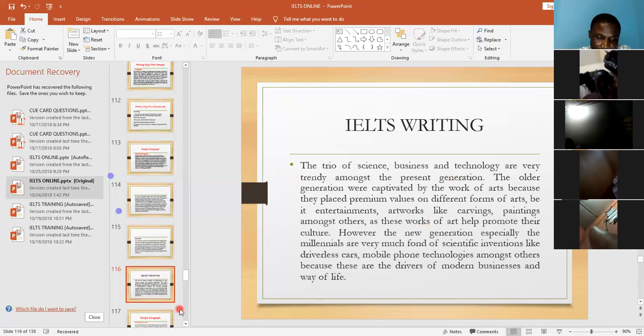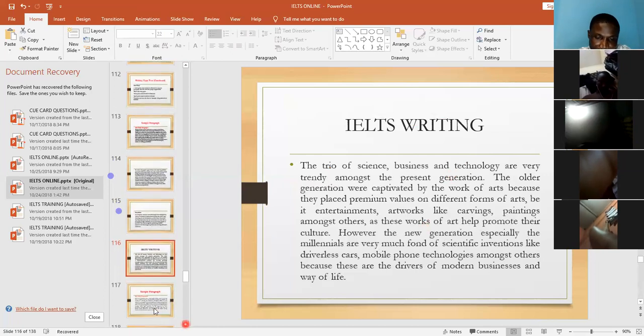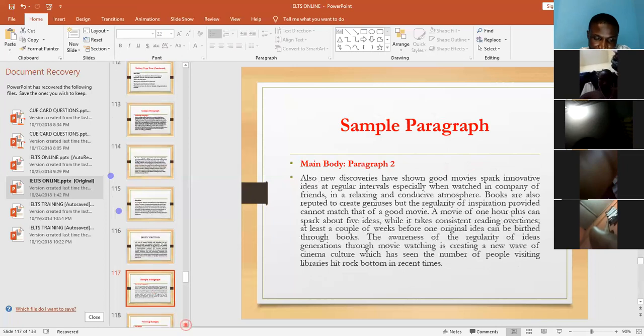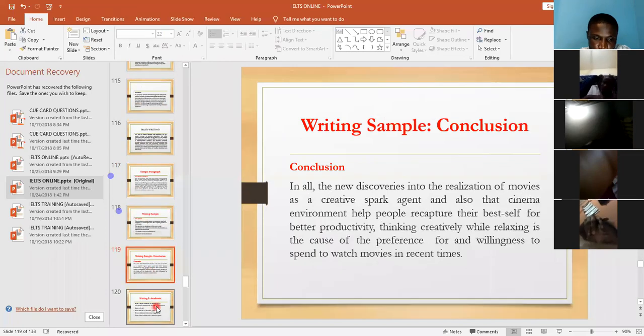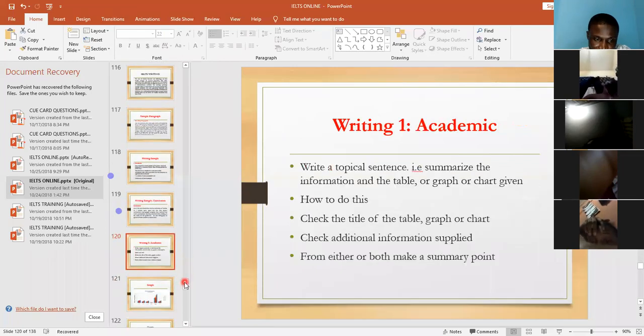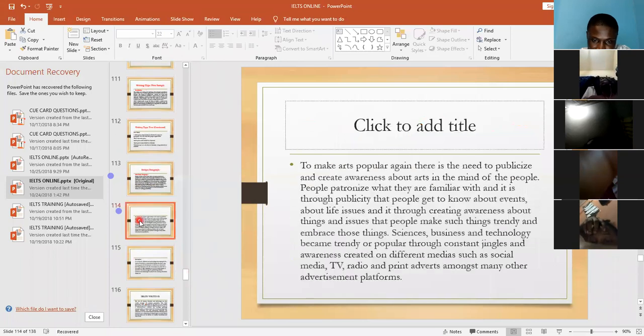However, you will notice that tonight, when I wrote the last paragraph, it was just about solution. These are other paragraphs that I've written before in other classes. I said to make arts popular again, because this was a separate paragraph. The first paragraph was talking about why science, business, and technology were more popular.